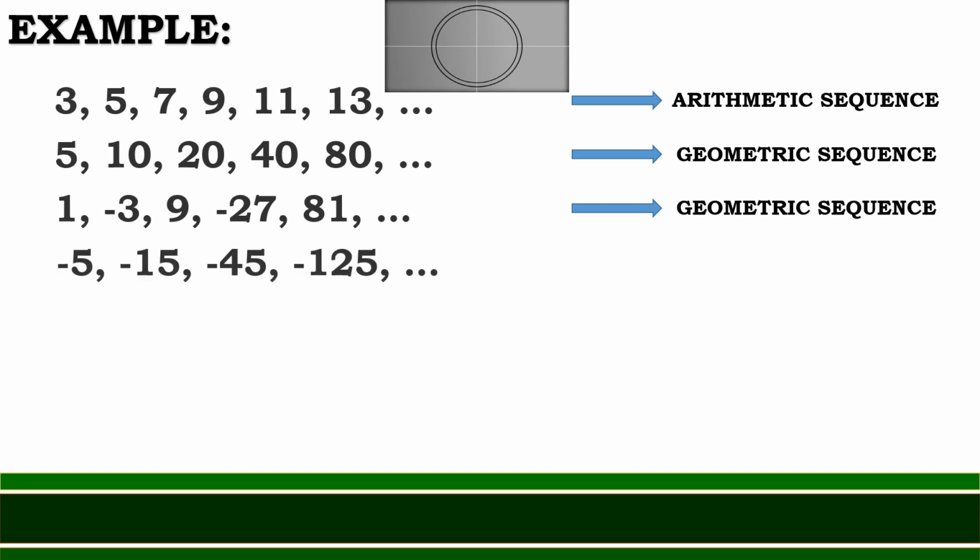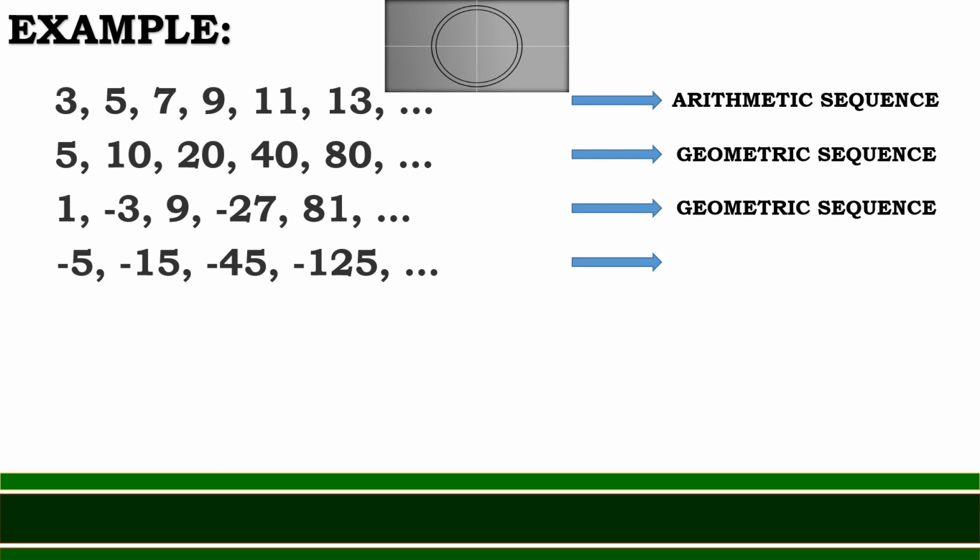You have here negative 5, negative 15, negative 45, and negative 135. Okay, so let us try to check or analyze first. Negative 5 will become negative 15 by multiplying positive 3.